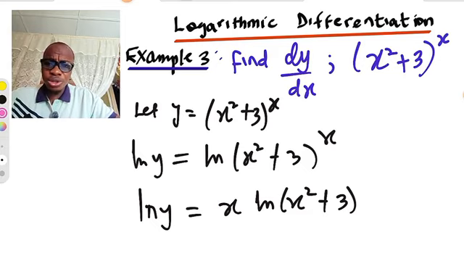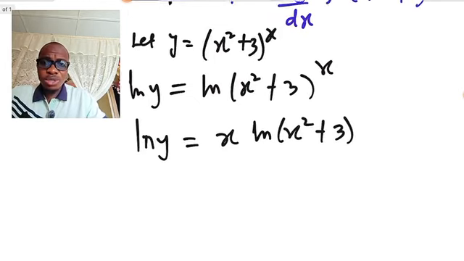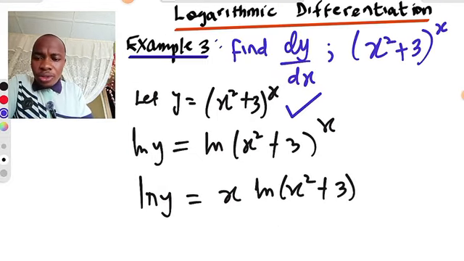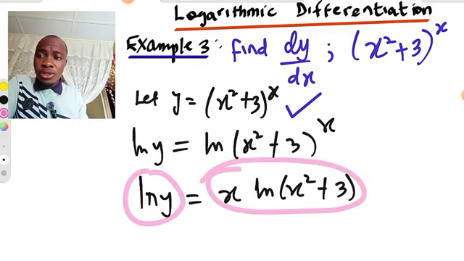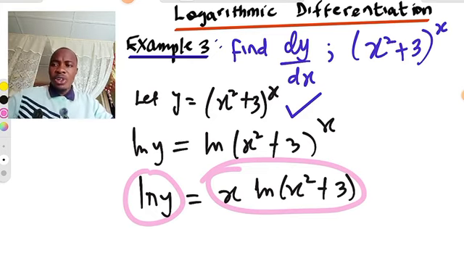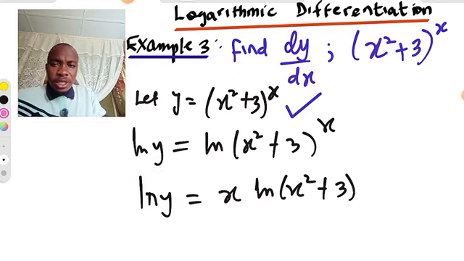The next thing we're going to do is differentiate with respect to x. We differentiate ln of y with respect to x, and we differentiate the other side also with respect to x, so both sides of the equation are differentiated.